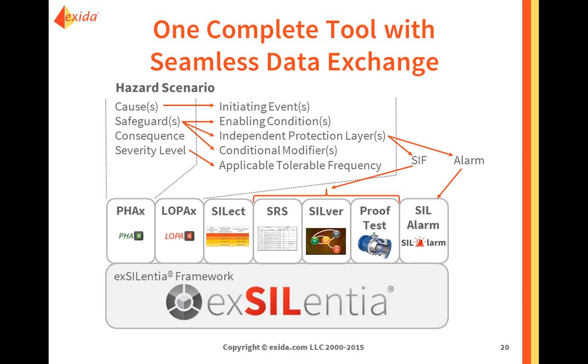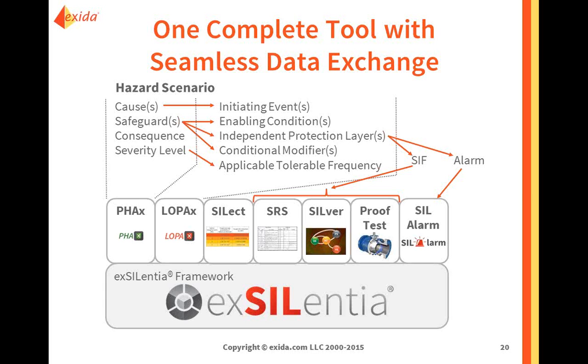Those safeguards could be independent protection layers or enabling conditions or conditional modifiers, depending on how you do your PHA. Sometimes people include those in the safeguards, sometimes they don't. Your consequence severity level will dictate the applicable tolerable frequency of that particular event. So what comes out of the PHA will help you populate and dictate what the layer of protection analysis is going to look like.